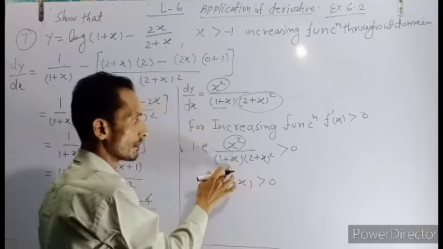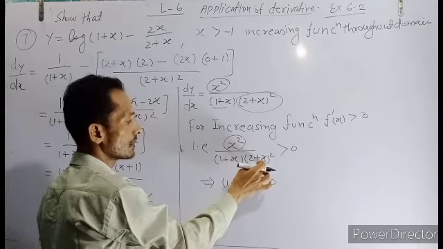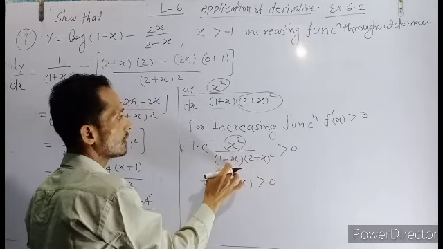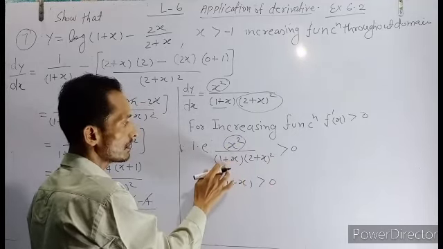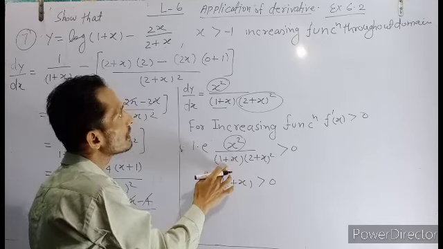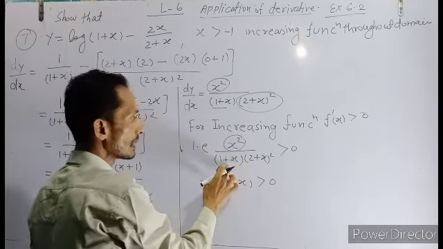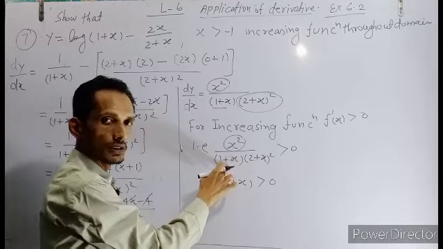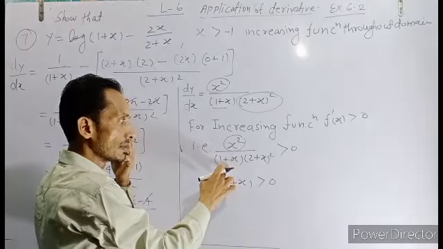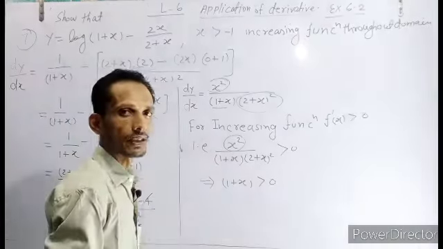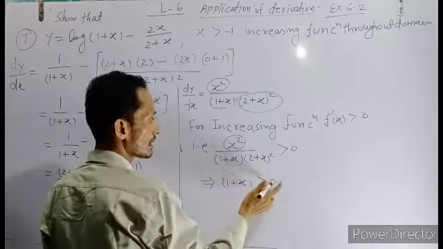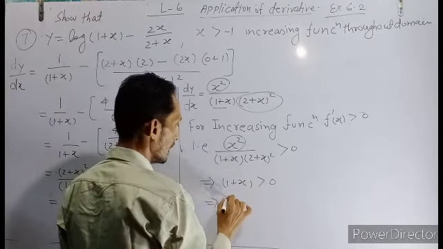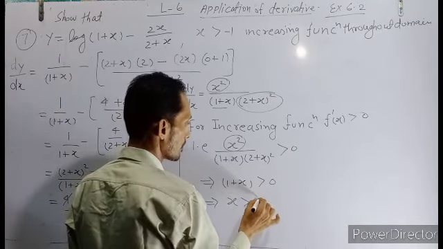For the function to be increasing, this value should be greater than 0. So 1 plus x greater than 0 implies x greater than minus 1.